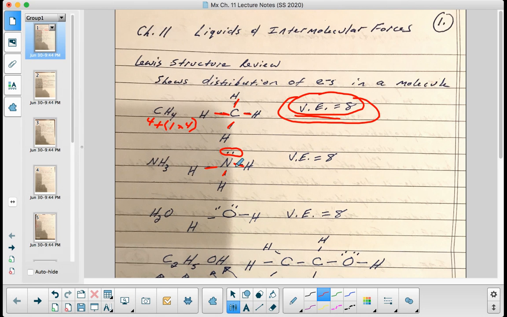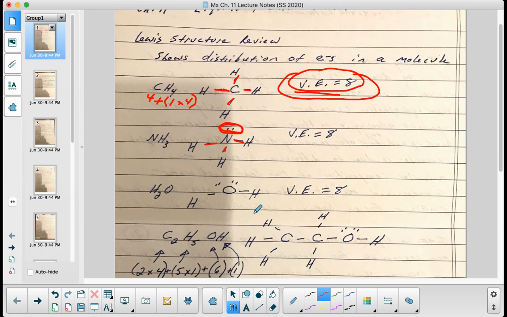Then I distribute them, and what I see here is something very important: I have an extra unshared pair of electrons, and that's going to make the molecule very polar and therefore set up a different type of intermolecular force than I would see in the methane example.